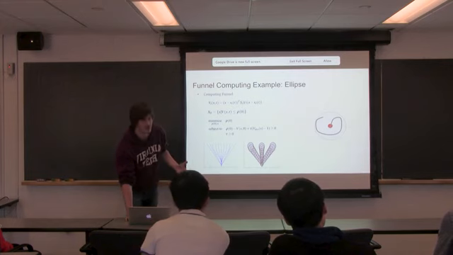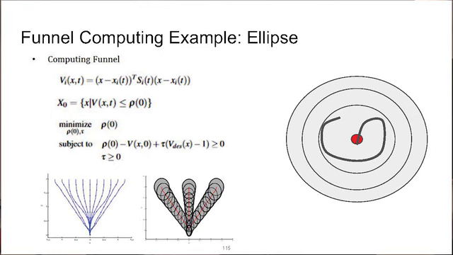Does that make sense why you do that? Your trajectory is basically going to go anywhere around here, and what you're trying to do is find the region of space that encompasses all of the places that your system is going to get to.